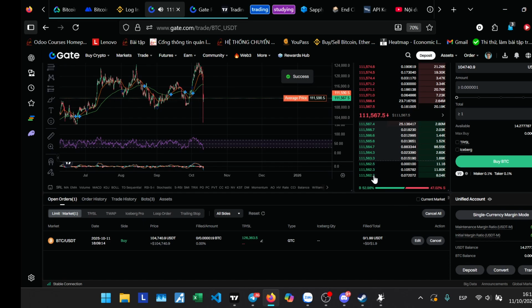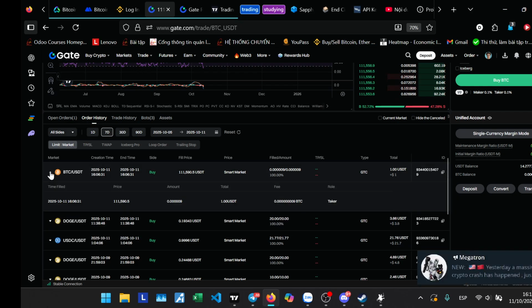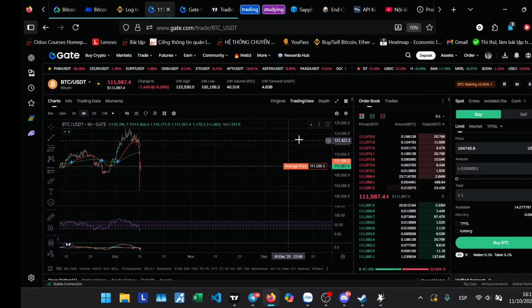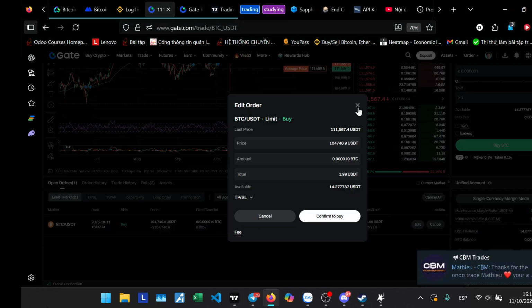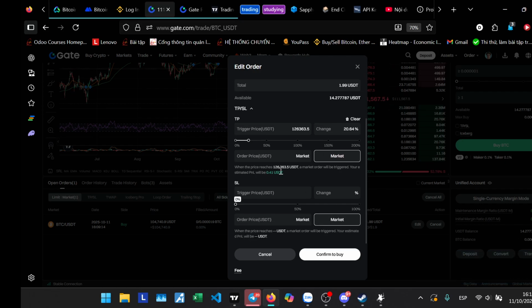What just happened? Nothing happened. Okay, this is the TP, and this is the stop loss.